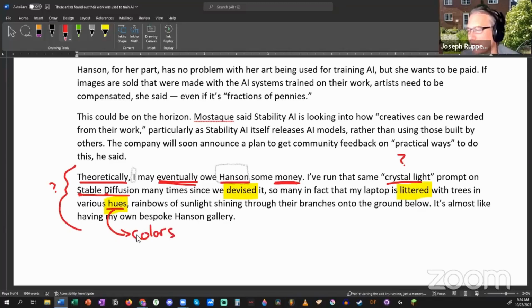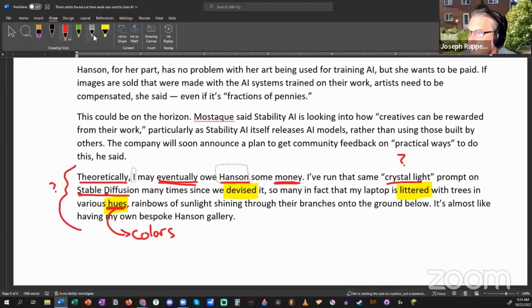Not 100%, and it's kind of more specific to art, so I don't really want to spend a lot of time on that, but just seeing the word hue, I think of just colors. Various colors, rainbows of sunlight shining through their branches onto the ground below.